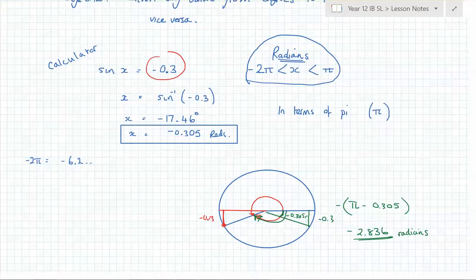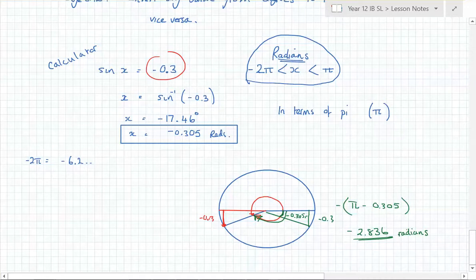It's only worth doing if it's pi, 2 pi, 3 pi, 3 pi over 2, that kind of thing. As soon as I have to round the number that goes with pi, there's no point. This is just as relevant. Okay, any questions on that?